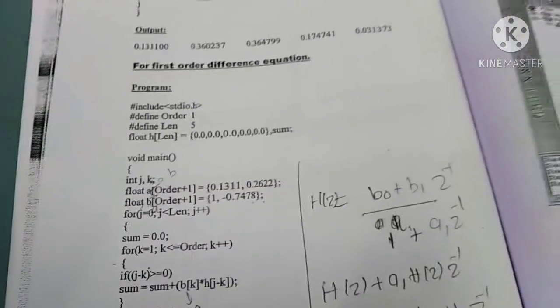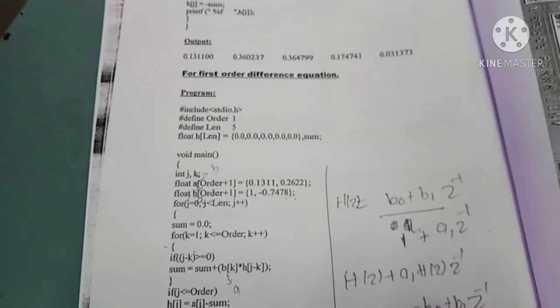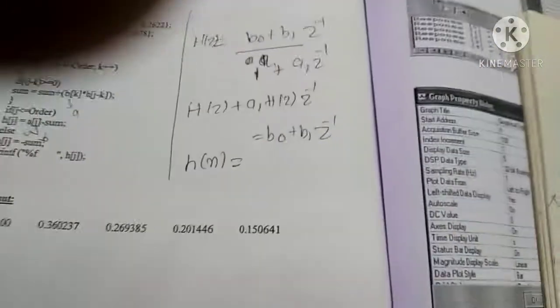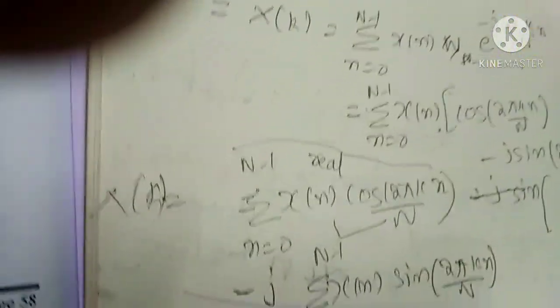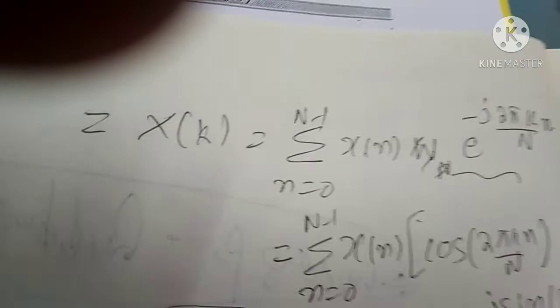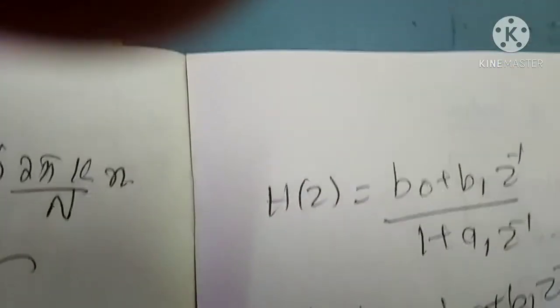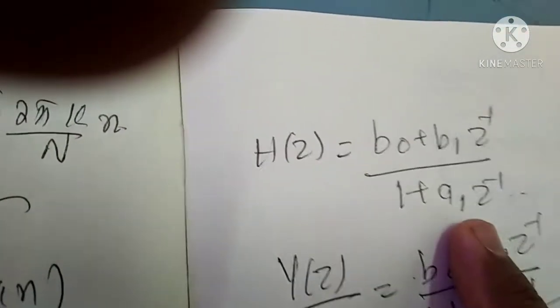This is for this experiment, first order difference equation. If we go for your impulse response, H of z can be calculated by this formula. You know that H of z is given by b0 plus b1 into z inverse divided by 1 plus a1 into z inverse.